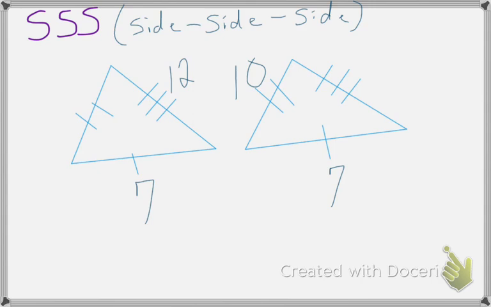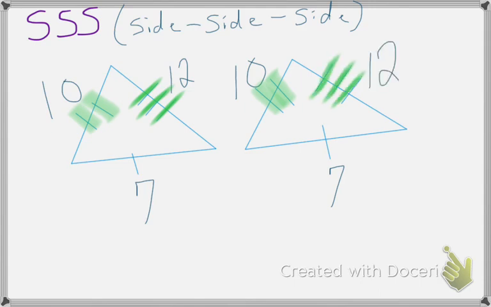Well, since this one has two little lines there, 1, 2, and then you come over here, 1, 2 means this is 10. And because this one has 3 of them, you go to this side that has 3 of them, which means this is 12. It means those two triangles are congruent by side, side, side.